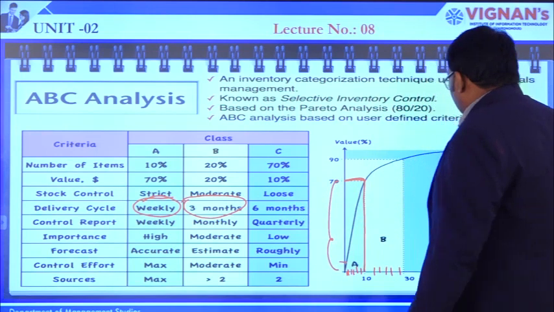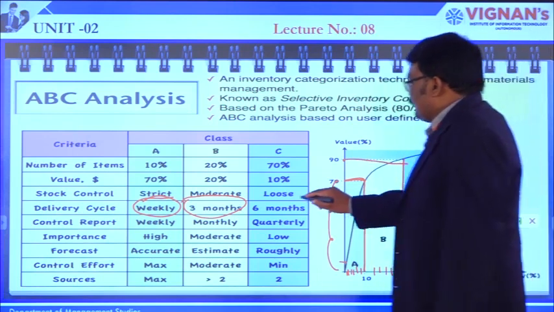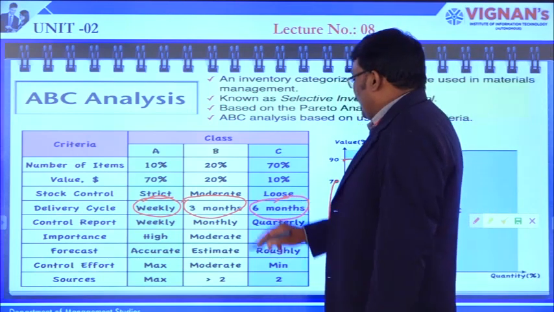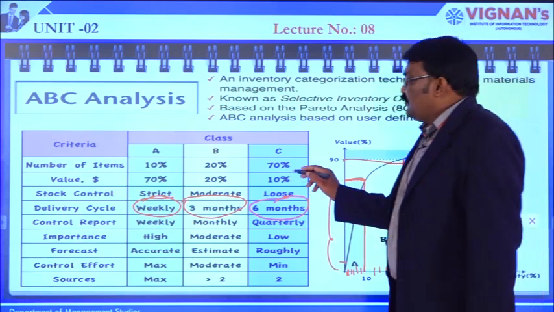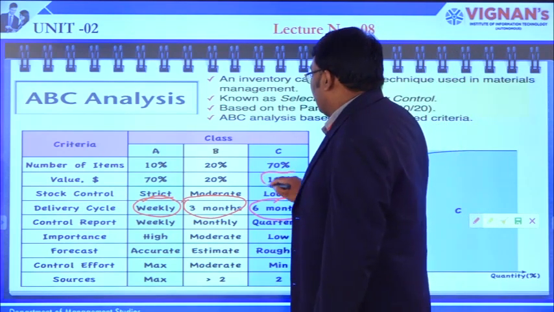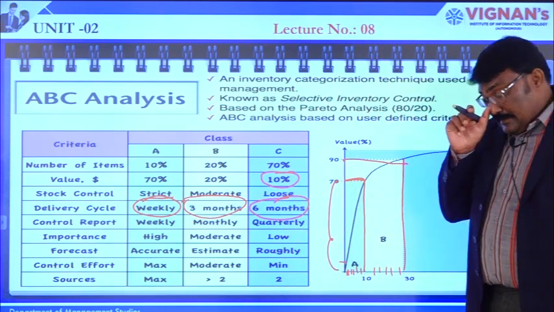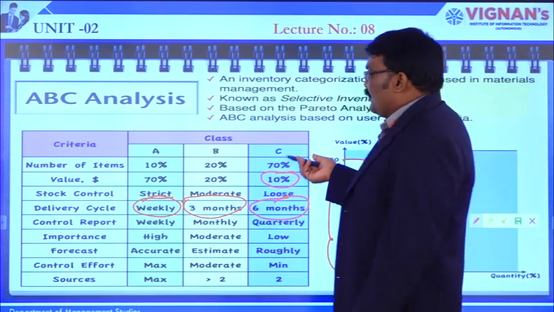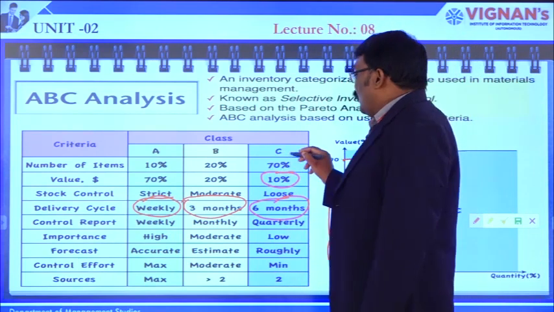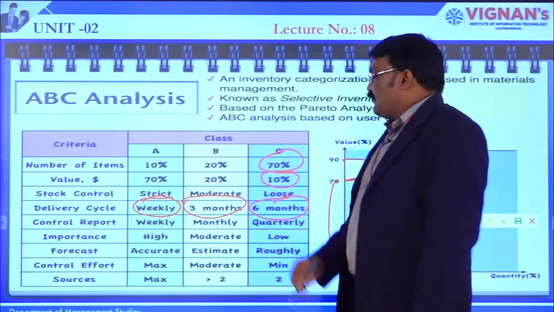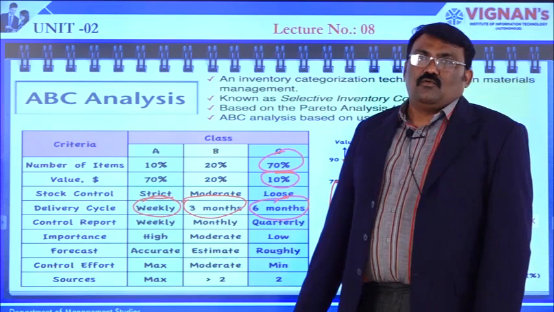Whereas when we consider the last category of material, with the 6 months cycle, we can purchase this raw material once in 6 months in bulk, which consumes only 10% of the overall value. It need not have high importance, because the value is 10%, but in terms of quantity it makes up 70% of the volume.